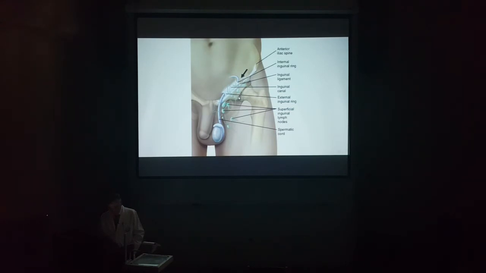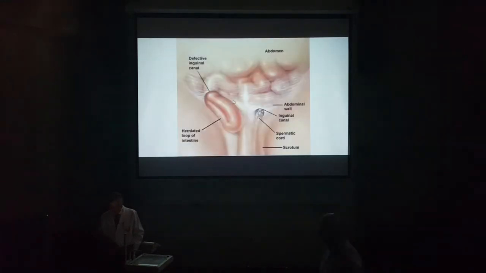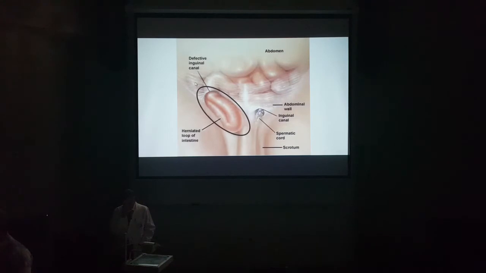Here's the internal opening. This is the canal which is parallel to the inguinal ligament, and the testis goes down to the bottom of the scrotum. This is what makes us concerned.